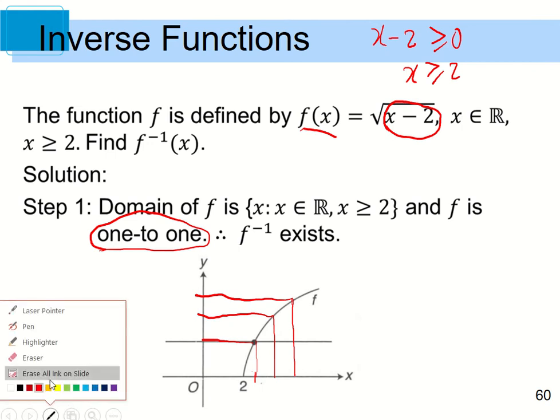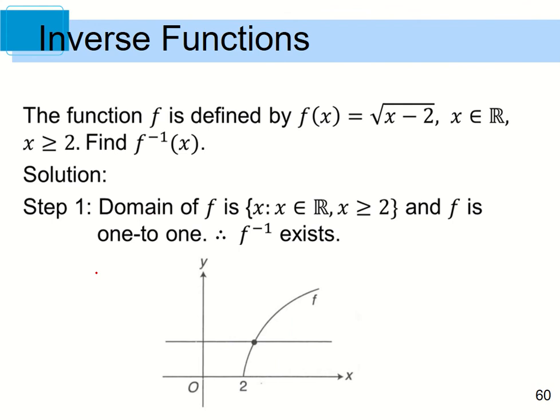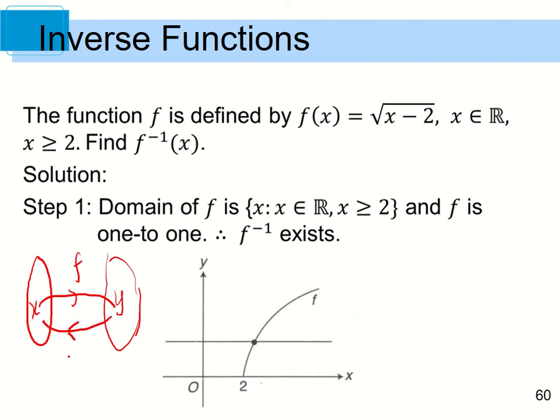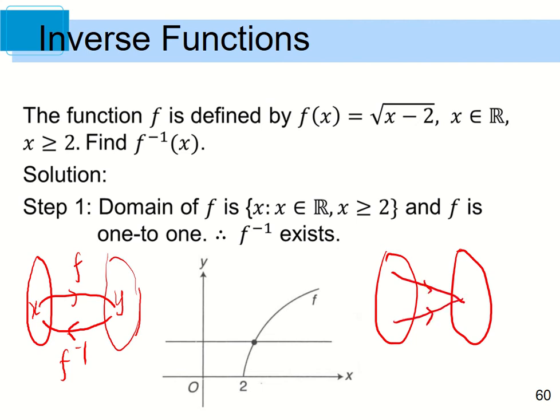Now, let's consider a 1 to 1 function here. When the function is 1 to 1, we assign the x to y, and the inverse function will exist to assign the y back to the x. Now, if the function is not 1 to 1, for example here, this function is many to 1.